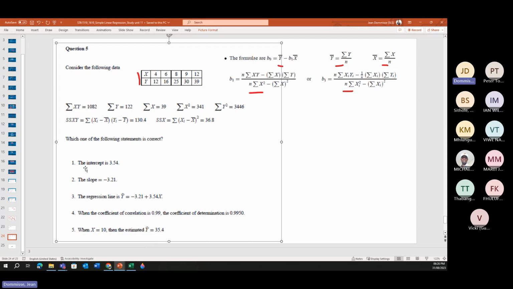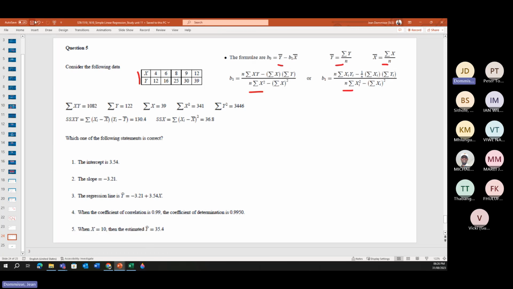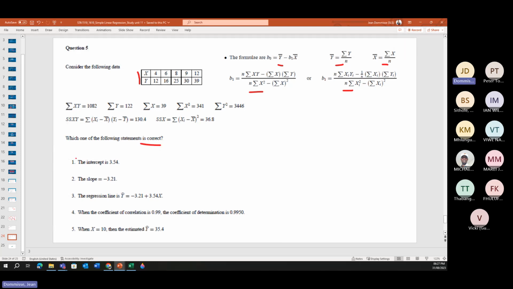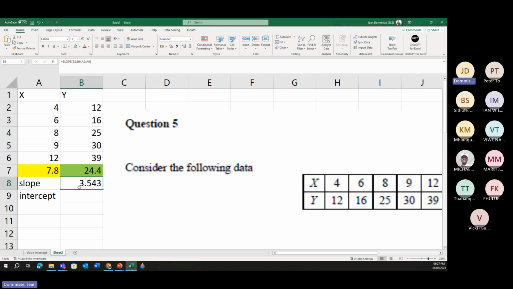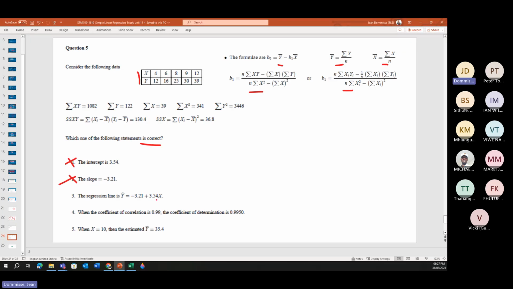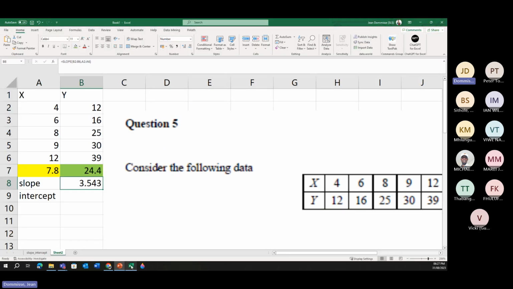Okay, so the intercept is that? No. And we're looking for the correct one. So intercept, no. Okay, so both of those two are wrong. So let's just, so the slope was 3.543. Slope 3.54. That is at least correct.